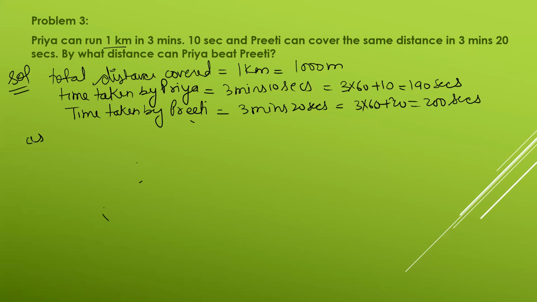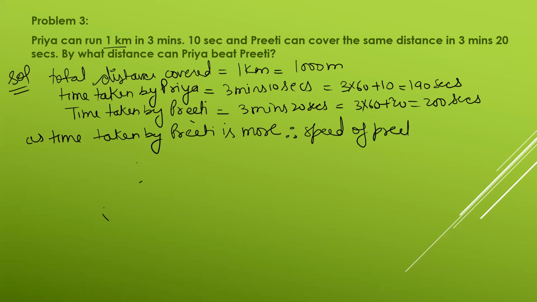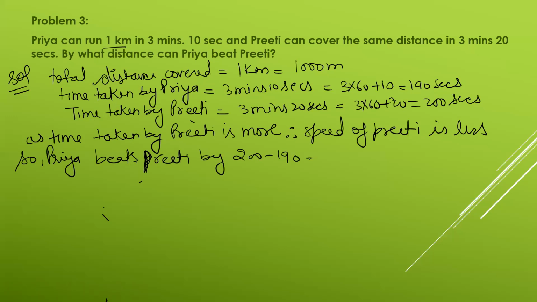As time taken by Preeti is more, therefore speed of Preeti will be less. So Priya beats Preeti by 200 minus 190 equals 10 seconds.